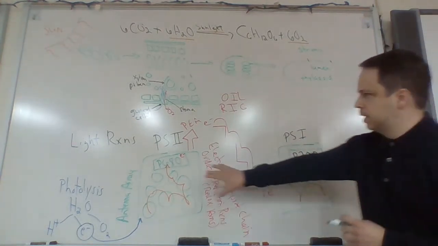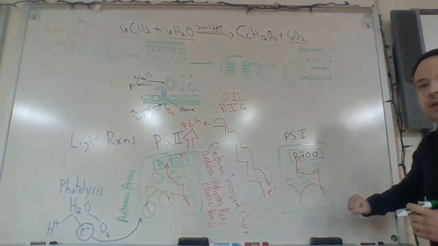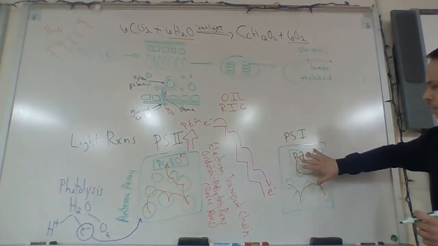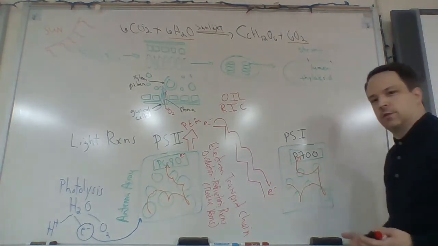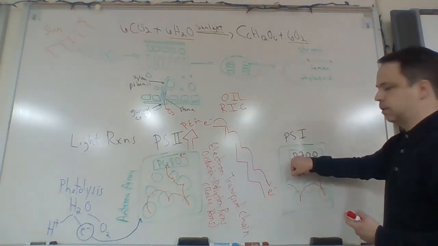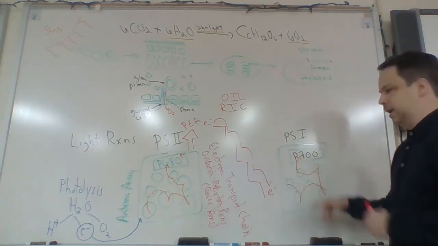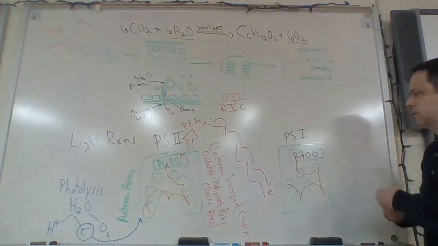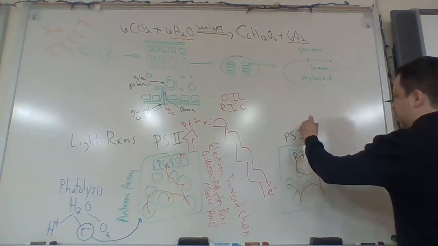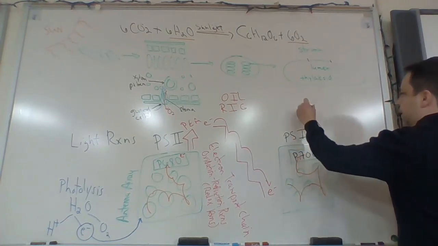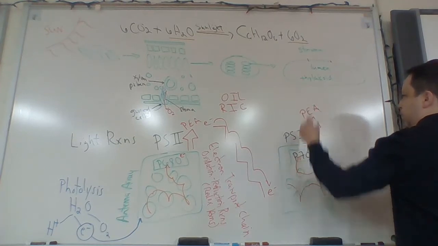So the same thing that was happening in PS2 is happening simultaneously in PS1. And you already know what that means. Once the energy from this hits P700, there's going to be yet another electron taken away. You already know that. It's going to be taken away by another primary electron acceptor.